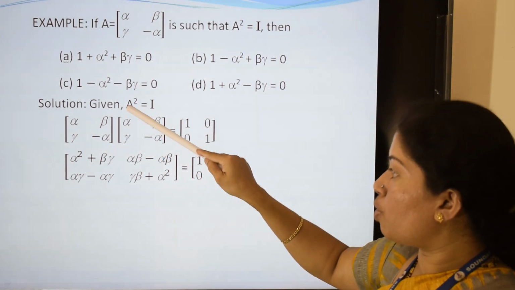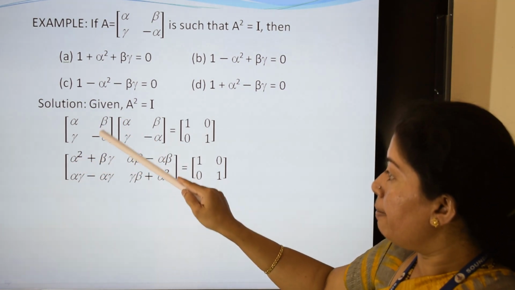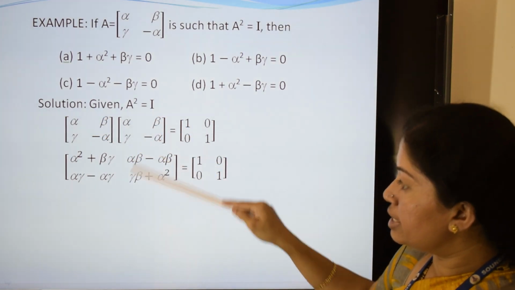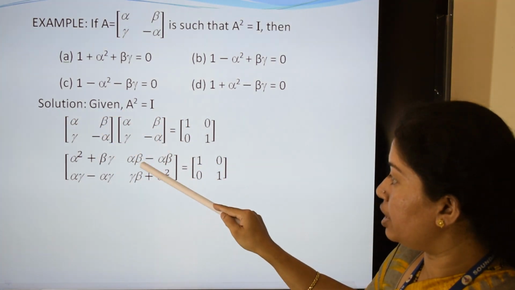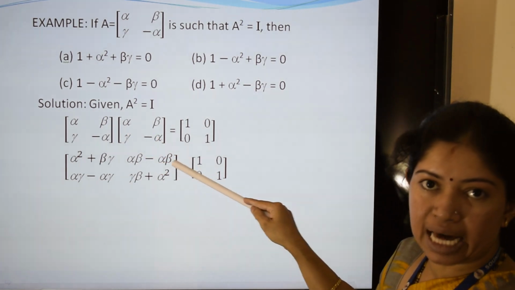So take the first row, multiply with the first column, alpha into alpha, alpha square plus beta into gamma. Next, first row with the second column, alpha into beta plus beta into minus alpha is minus alpha beta.